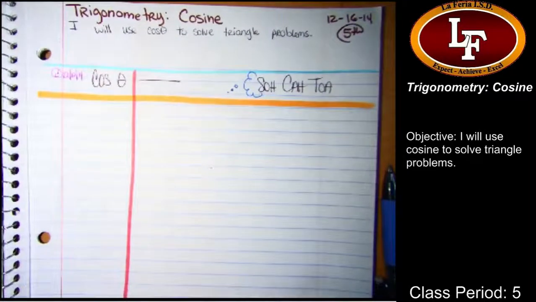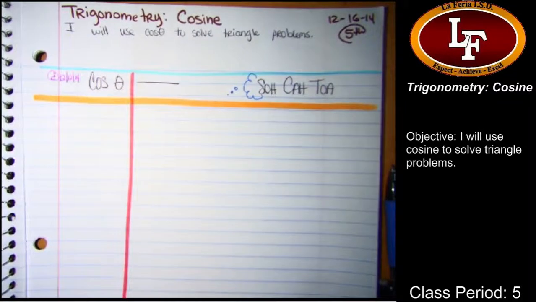All right, let's start off with a recall moment. What was the ratio for cosine? Opposite over... Beautiful recall for sine: opposite over hypotenuse. That's what we did yesterday. Lovely. Go back to Friday and pull up cosine.